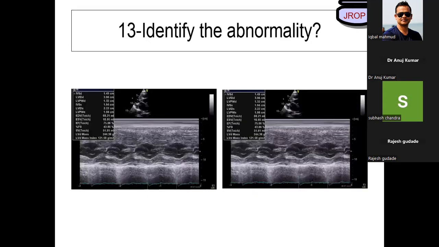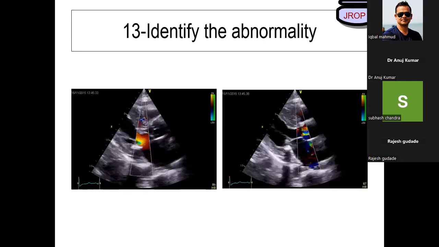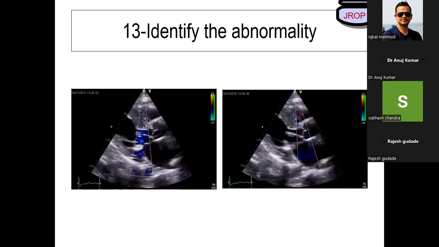You want to correlate with this image? Thickened valve. No, you cannot find a better picture than this, man.